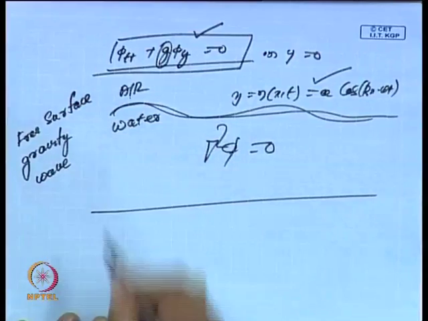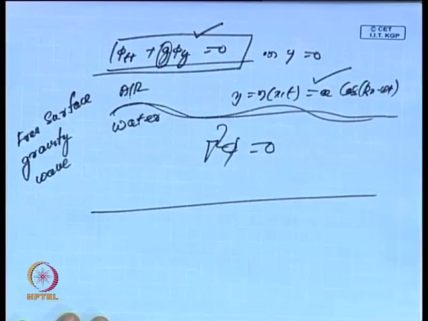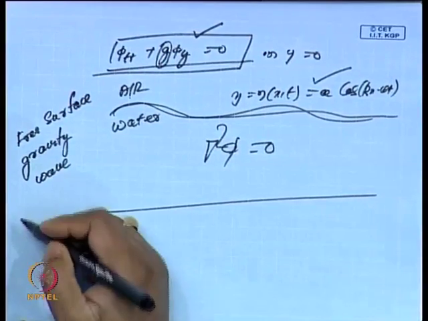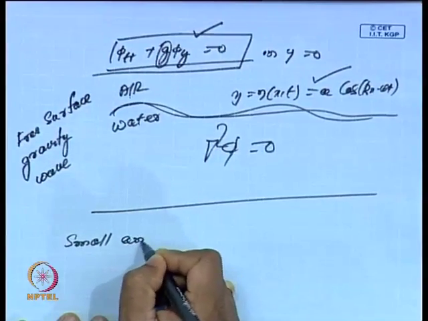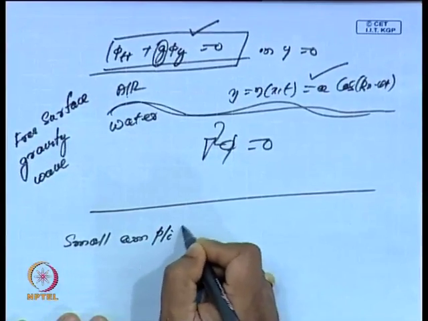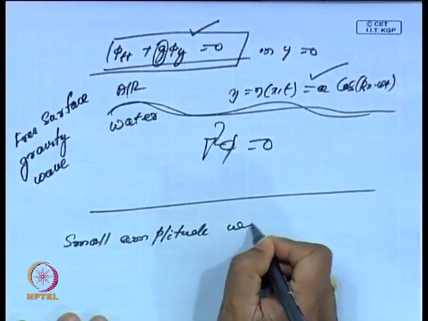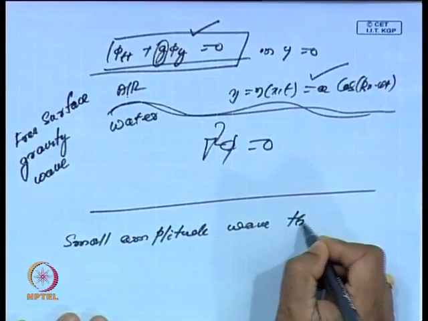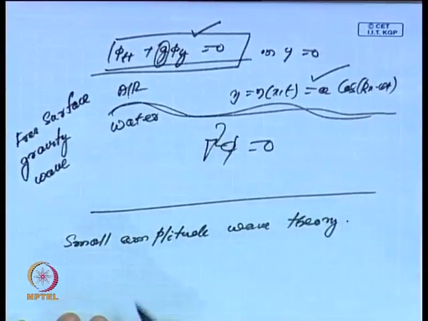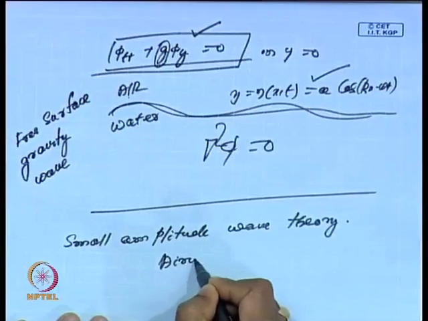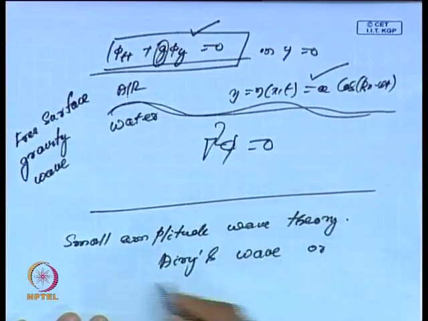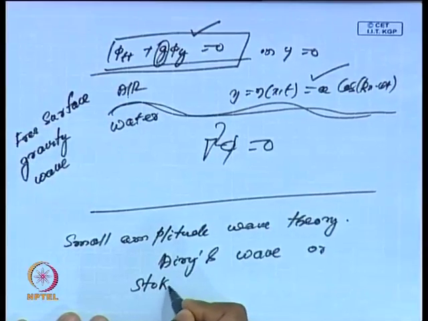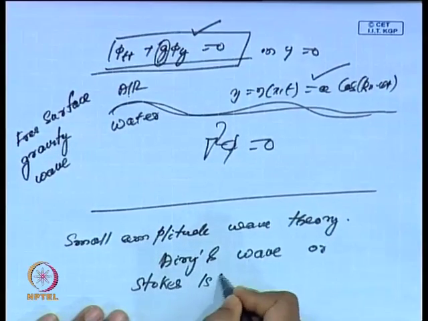Since we have assumed the amplitude is small, in this case we call this the small amplitude wave theory. Often we call this Airy's wave or Stokes first order wave theory.